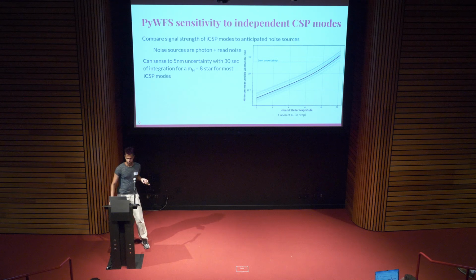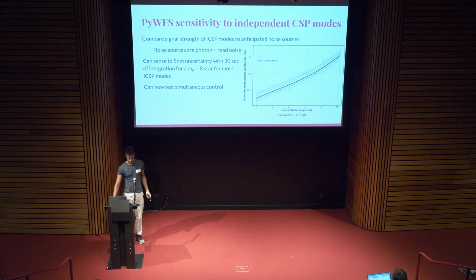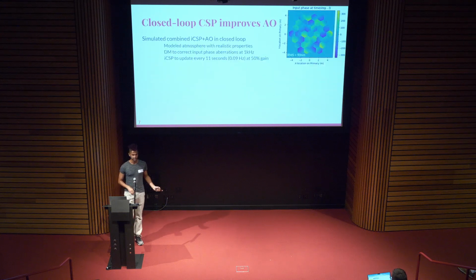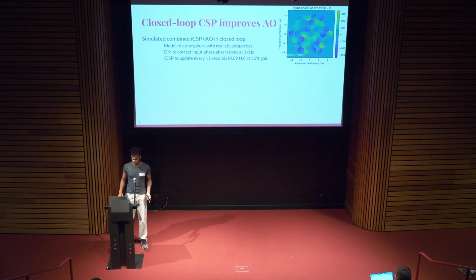And so now I move into how well this behaves in a simultaneous control closed loop setting. In a different simulation, I put together both the CSP and the AO in closed loop. What I do is I have a general phase aberrated primary to start with. This starts with 90 nanometers RMS phase aberration, which is what we expect to see on the Keck telescope.